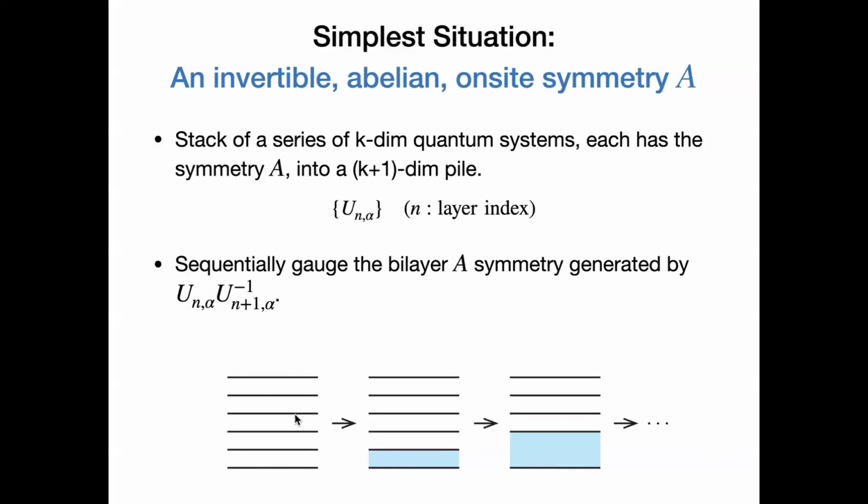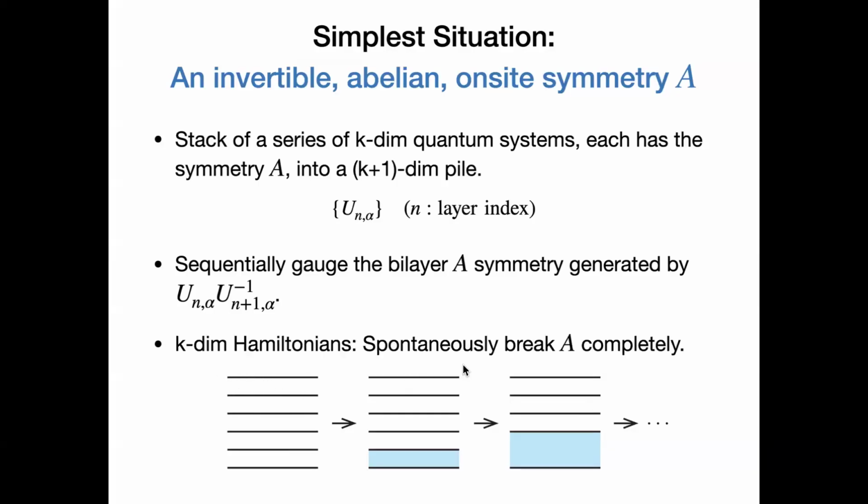And the claim is that after you do all of this, these layers become coupled together, and you get a k plus one dimensional Hamiltonian. Of course, this k plus one dimensional Hamiltonian depends on your initial k dimensional Hamiltonian for each layer.